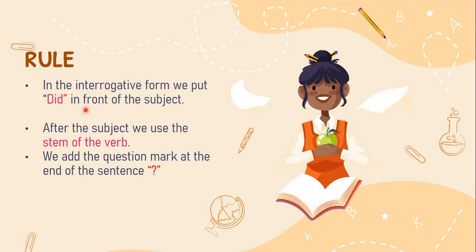Then after the subject, we use the stem of the verb. We don't use the verb in the past, because we already have the helping verb do in the past, which is did. At the end we add the question mark.